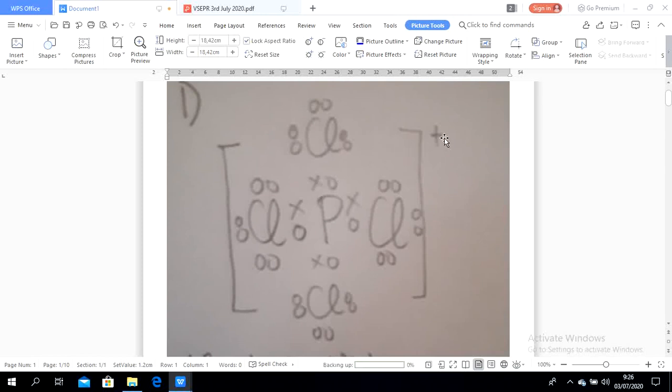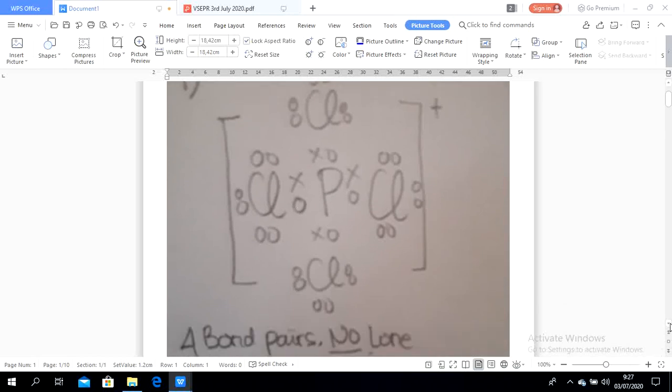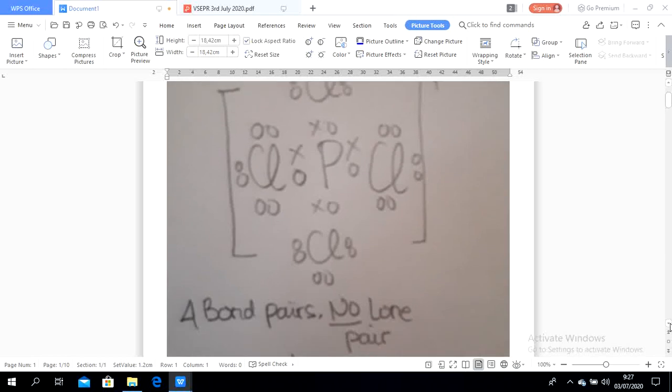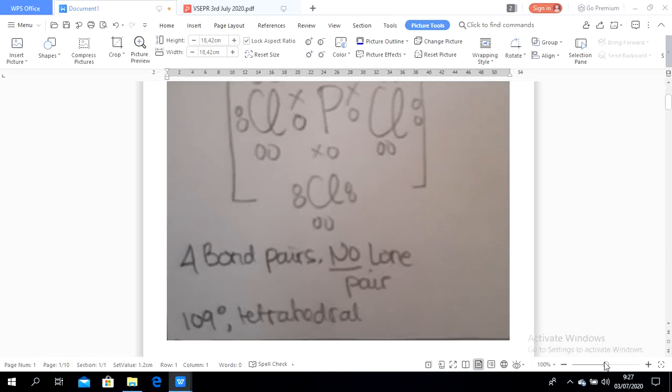That means the ion becomes positive because one electron is gone. All these will form 4 bond pairs and no lone pairs, and the shape is tetrahedral with a 109-degree angle.